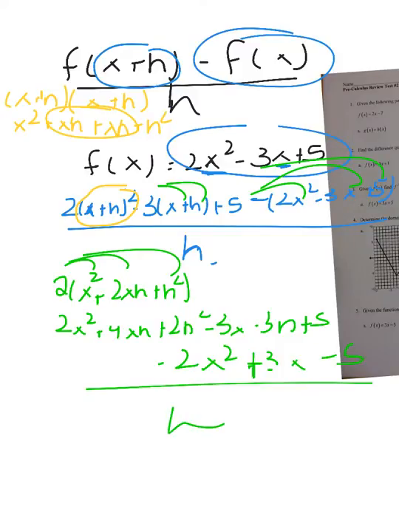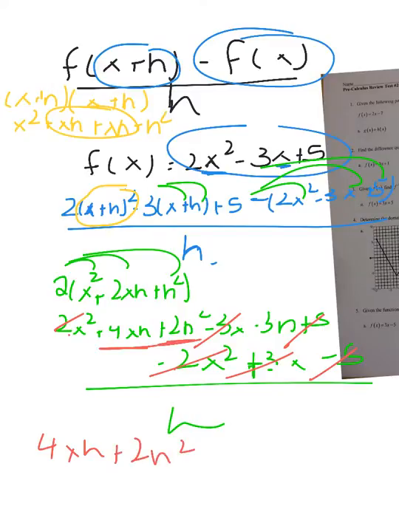So what happens is a whole bunch of things cancel. So 2x squared and minus 2x squared, they cancel because they're opposites. Then we have negative 3x and positive 3x cancel. Positive 5, negative 5 cancels. So I'm left with 4xh plus 2h squared minus 3h all over h.